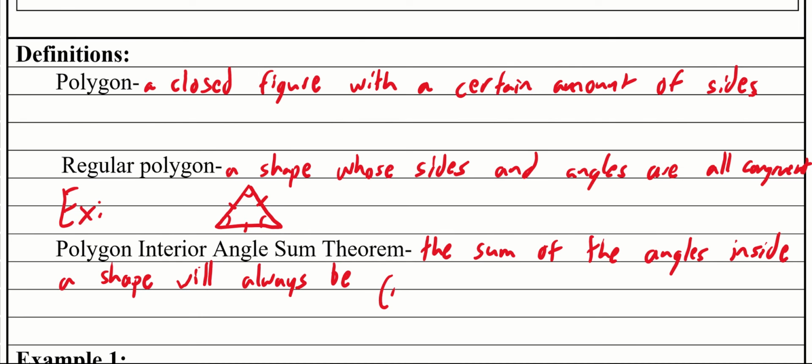The equation is in parentheses n minus 2 and then times 180. Okay, n minus 2 and then times 180. And then I'm going to add a little piece at the end here: with n representing the number of sides.